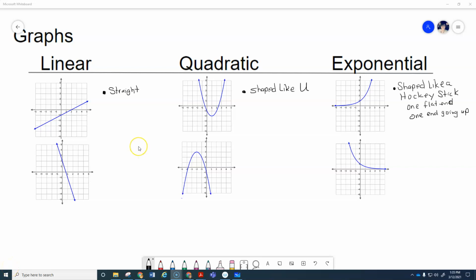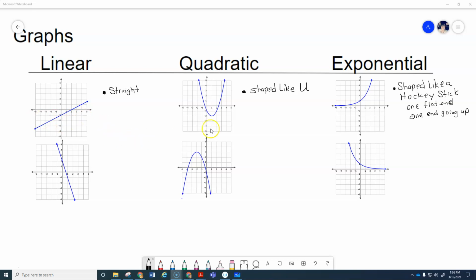One of the things that I did was try to decide if there was a way that I could explain each shape. A linear equation is an easy one to do. You just say, it's just straight, because we often use the word line to describe other things.